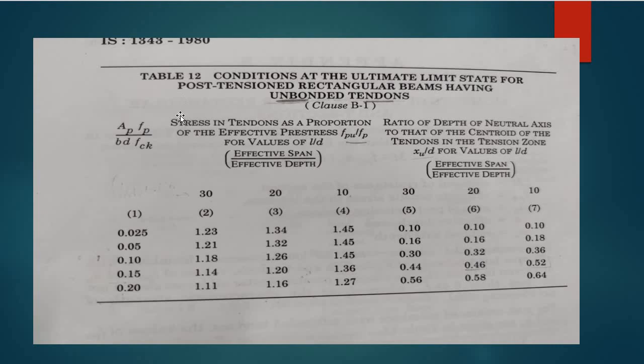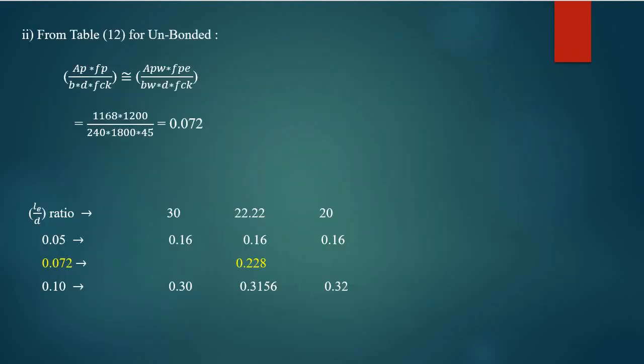So, here we have a ratio, that is (AP into FP) whole divided by (B into D into FCK). To find this ratio, we need a formula. We need all the terms' values. But here I have made it equal to APW into FPE by (BW into D into FCK).